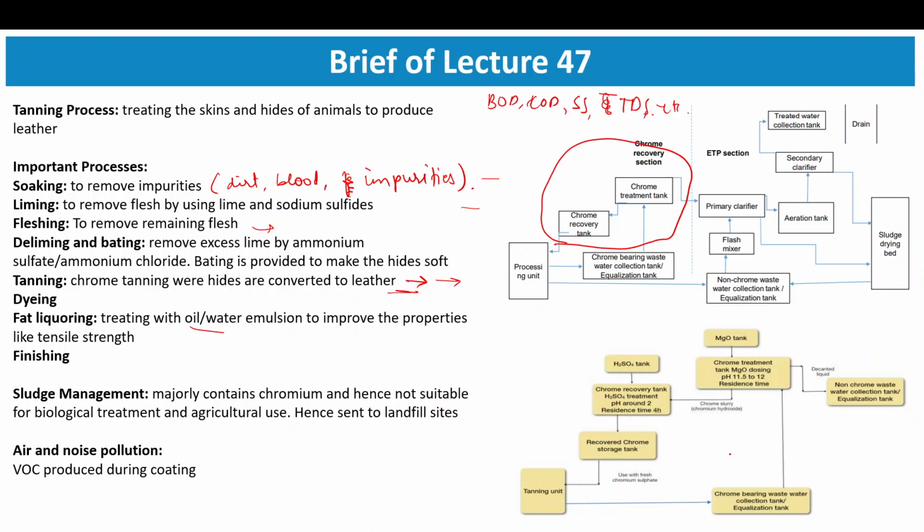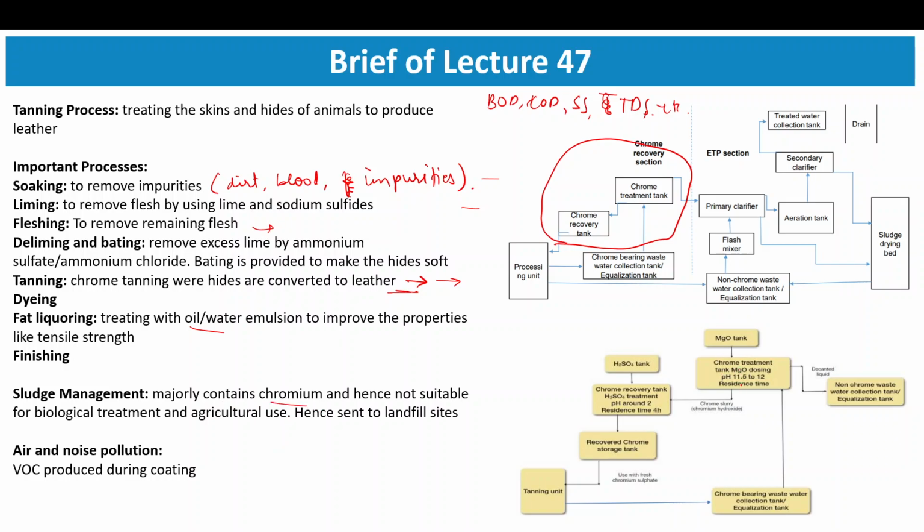So this is all about the chromium process, and the decanted water obtained after precipitation of chromium is sent to the main wastewater or ETP plant, where the entire industry wastewater is treated.